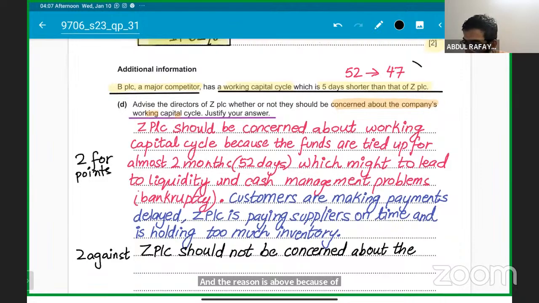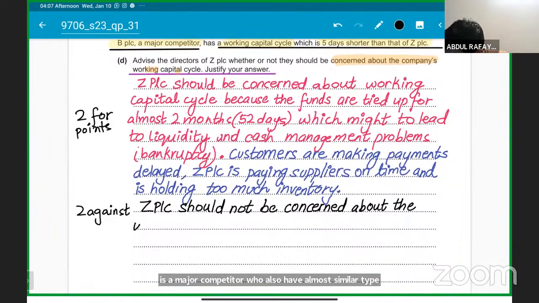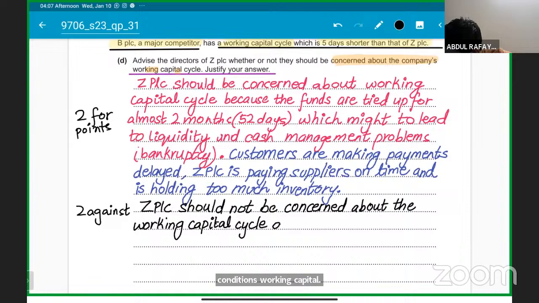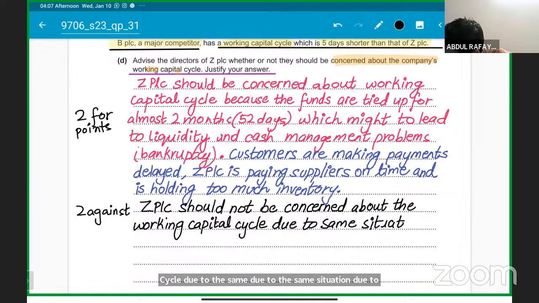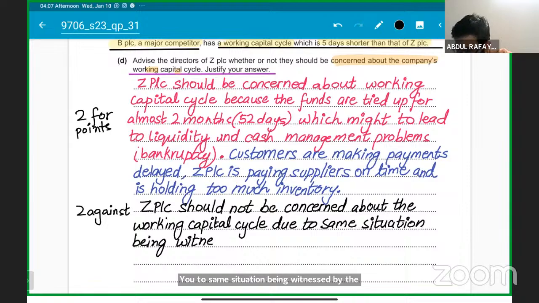VPLC is a major competitor who has almost a similar type of situation. ZPLC should not be concerned about the working capital cycle due to the same situation being witnessed by the competitors. इस मार्केट के डायनामिक्स ही ऐसी हैं. उनका जो वर्किंग कैपिटल है वो होता ही लेट है. उनका भी ज्यादा फर्क नहीं है, 47 days और 52 days का फर्क नहीं है.